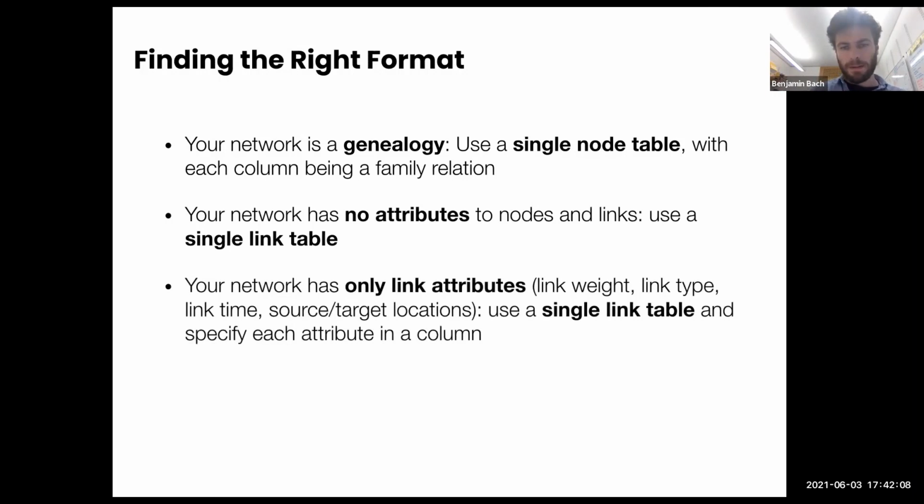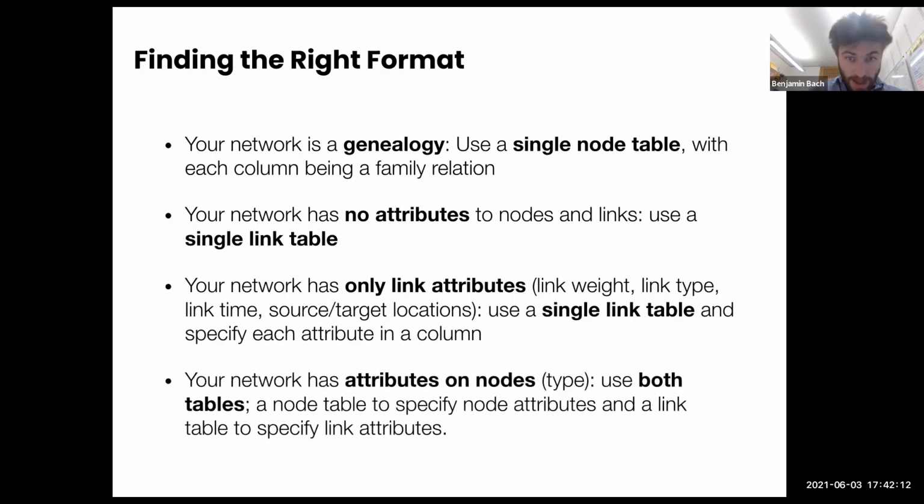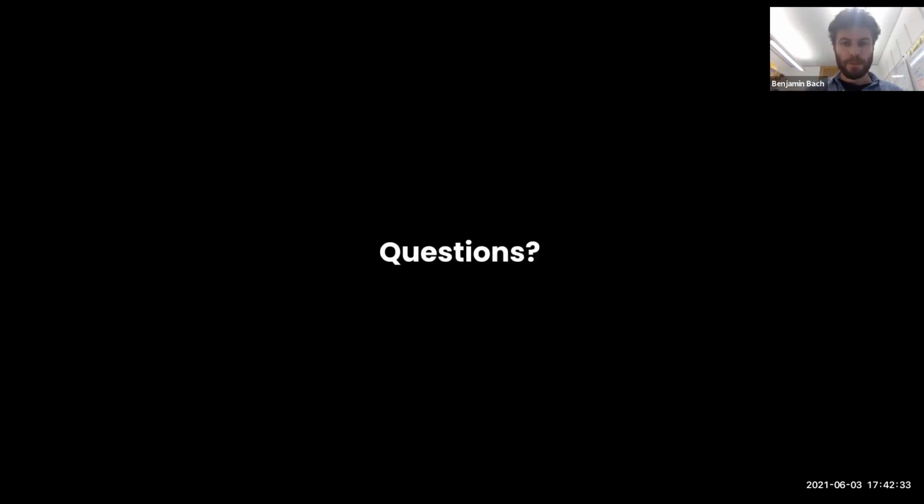And if you have attributes on your links and on your nodes, for example, you have different types of nodes and you want to color your nodes or give the nodes different shapes, then you need both a node table where you show the attributes on your nodes and a link table where you mark the attributes on your links. Okay, so then you need the two of them.